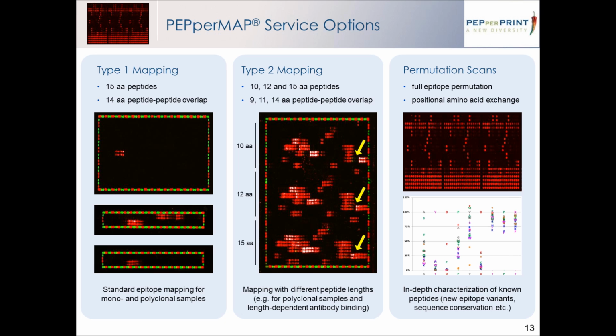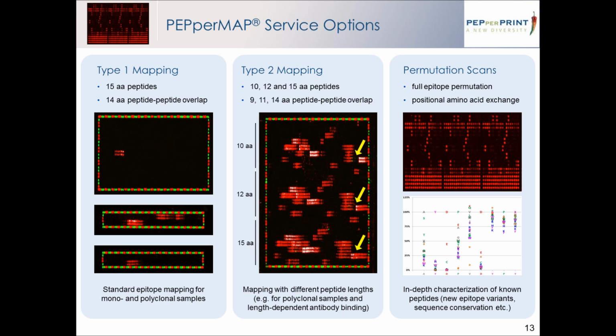We offer 3 standard epitope mapping types along with our custom analysis service. The type 1 epitope mapping, which you can see on the left, includes one peptide or a peptide microarray with 1 peptide length and maximum peptide overlap.